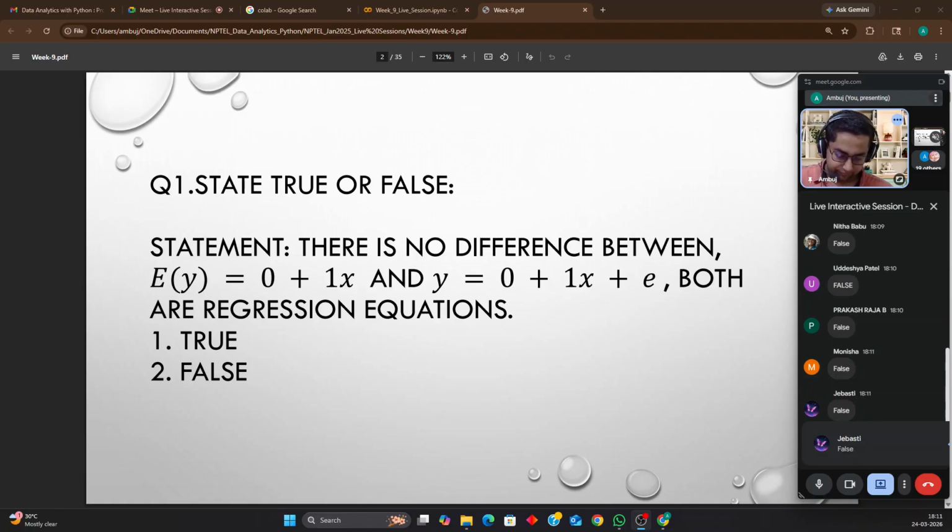Good. All are saying false only. Indeed, this statement is false only.